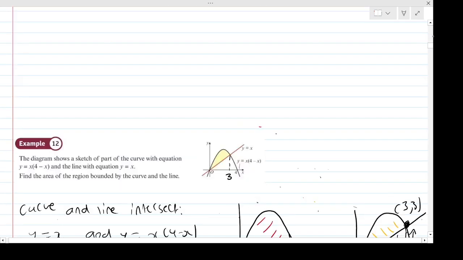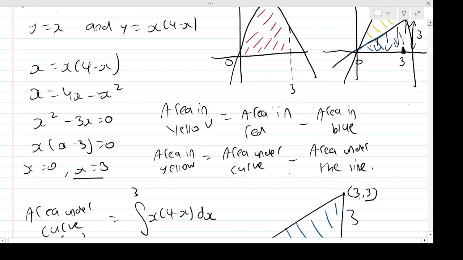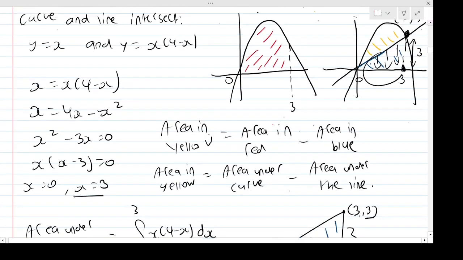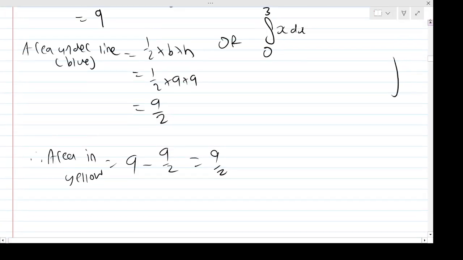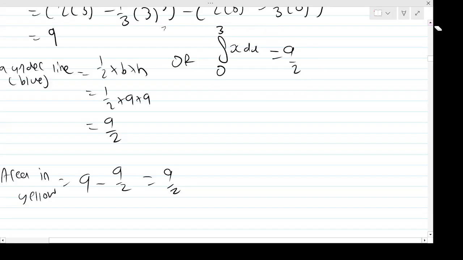We could have integrated the line between the same limits to get the blue area as well, because it's underneath the line. And you would have got 9 over 2 if you computed this integral of the line y is equal to x, between the same limits, to get the area under the line.